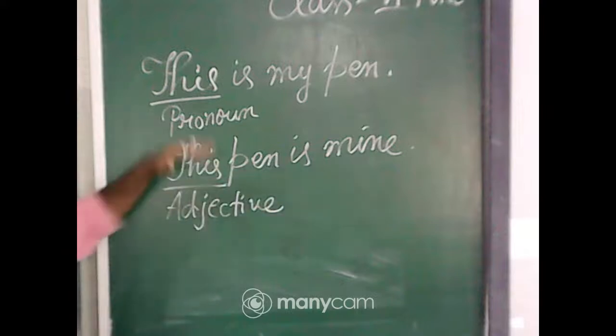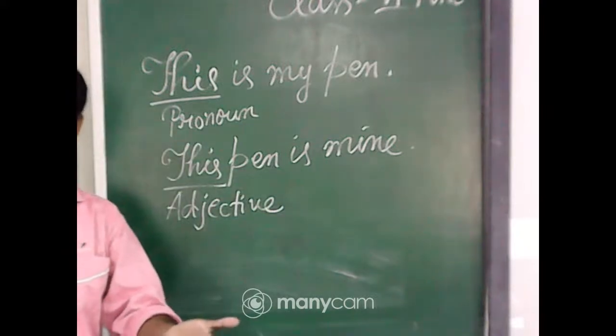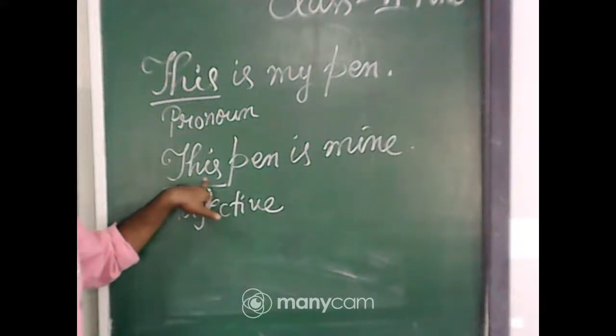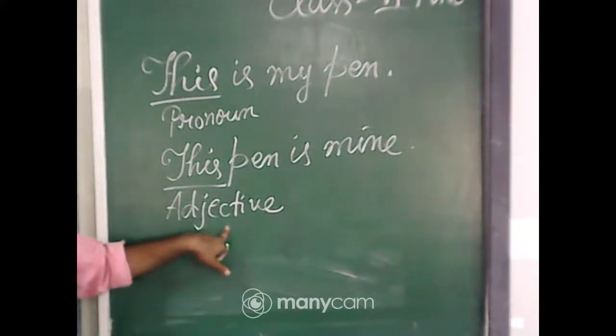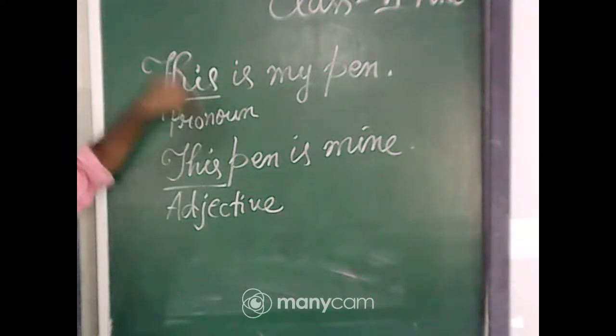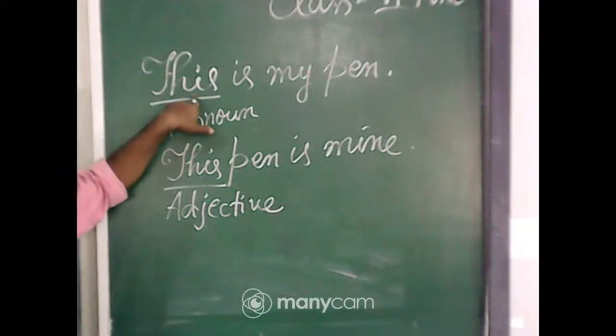So, it is used not in the place of a noun, but before a noun. That is why it is a demonstrative adjective, and this is used before the verb in place of a noun. That is why this is a demonstrative pronoun.